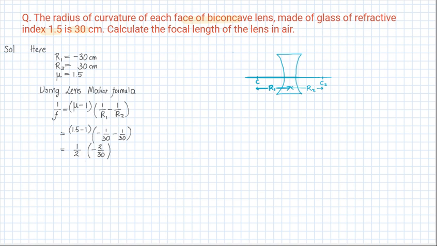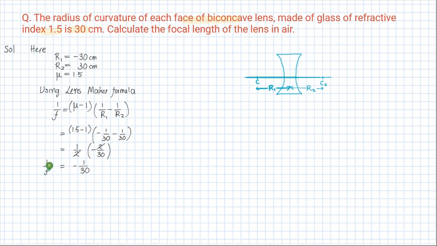What I'm left with is minus 30 in the denominator, so I'll write down minus 1 by 30. So in that case, your focal length 1 by f equals minus 1 by 30.